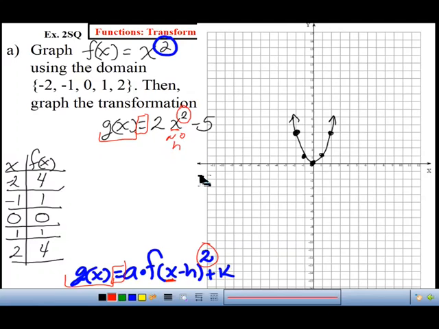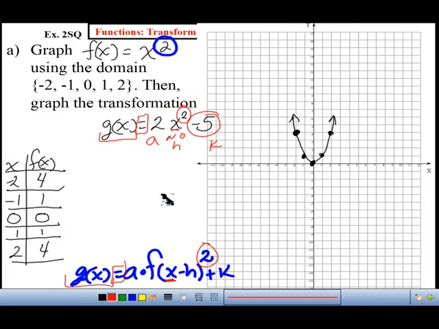That is correct. No H. If the x does not have a parentheses, there is no H. Okay. Circle the 5. That means that the 5 is our K. And the 2 is our A. Okay. Does that look a little bit better?